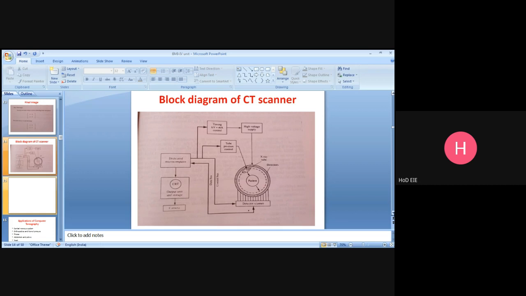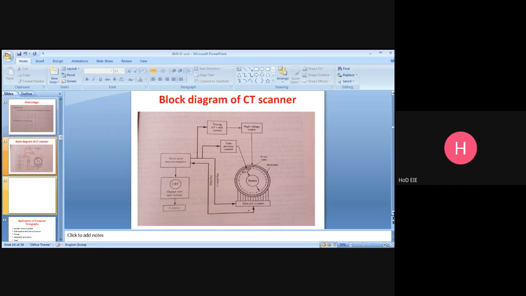You have one timing control from the detector and the scanner. You have the control as well as the data bus which is connected to your microcomputer. From there you have one CRT, your cathode ray tube, which is your output unit as well as the storage device, and there is also a camera.